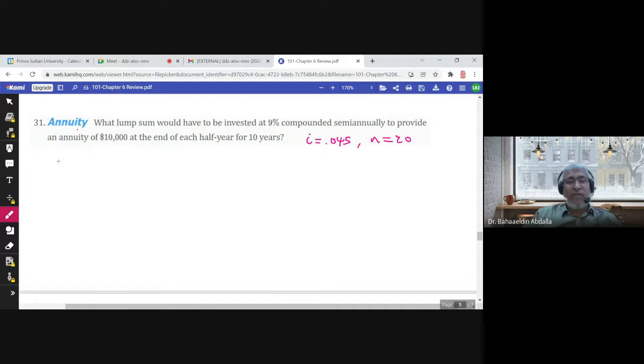Okay, so A_n is missing, and this is an ordinary annuity.